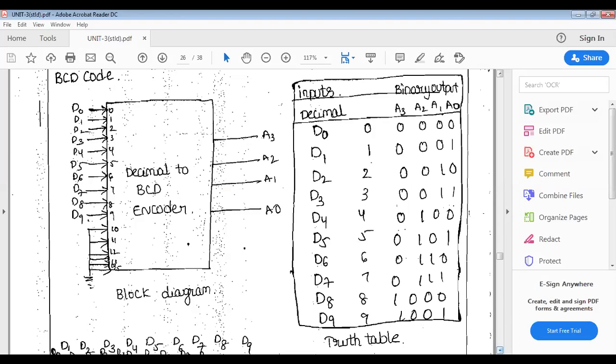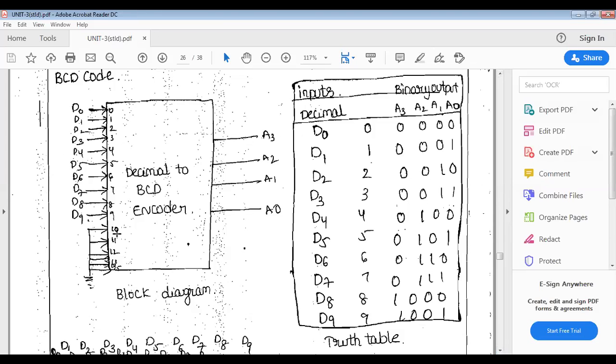But for 10 to 15, the BCD is different. The BCD is in 5 bits. But for 0 to 9, the BCD is 4 bits only, and the binary is also 4 bits. But the output is having only the 4 bits. So I am taking 10 to 15 as logical 0.